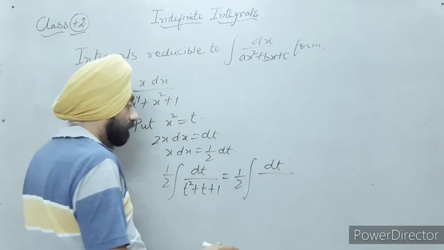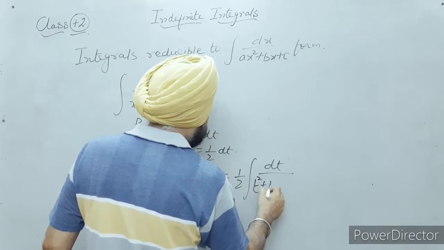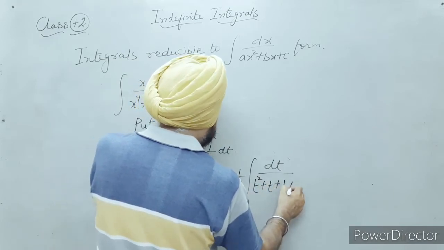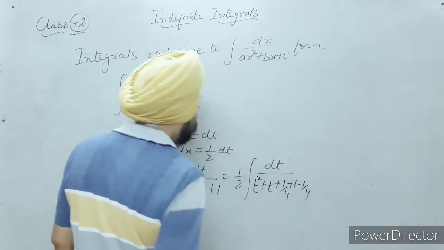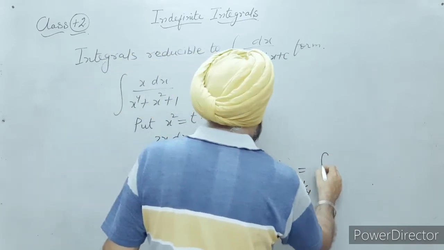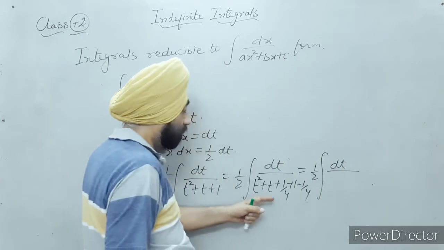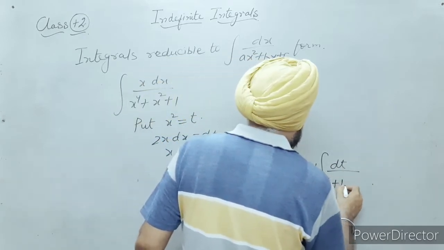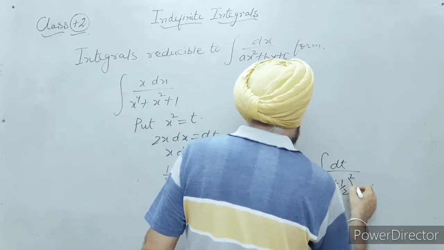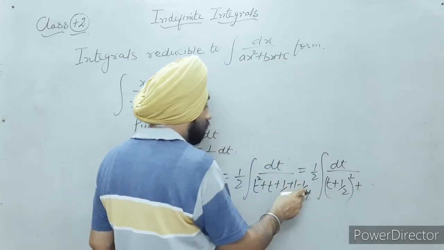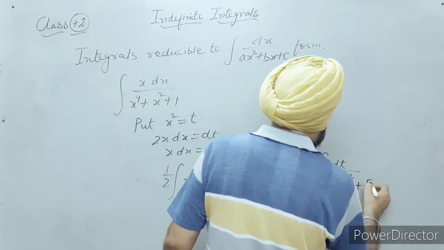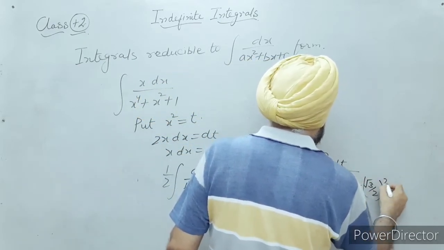Again I have to complete the squares: t square plus t plus 1 by 4, subtract 1 by 4. Now this becomes half dt upon (t plus half) square plus 3 by 4, that is (under root 3 by 2) whole square.